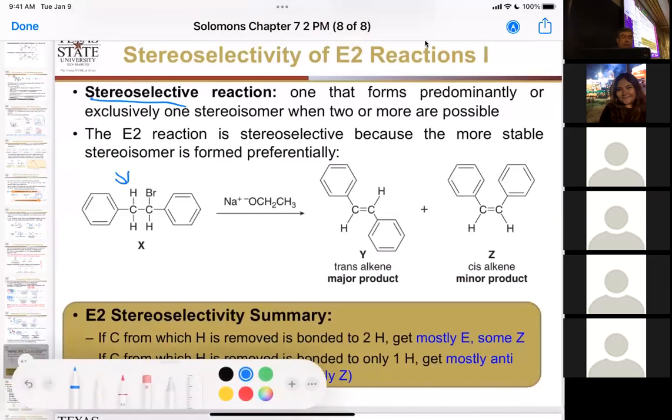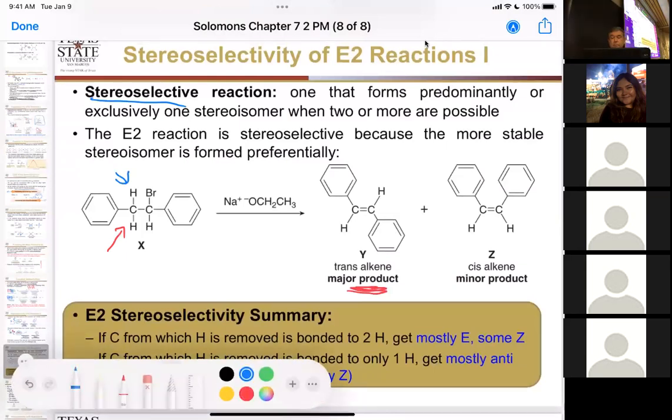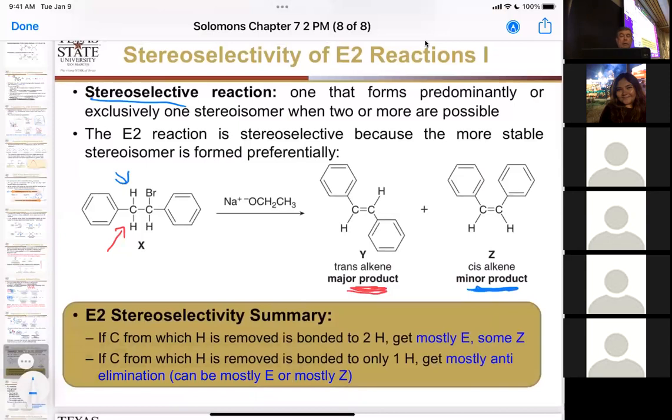And if we take the other hydrogen, we get a different product. Well, in here we know that the trans alkene is the more stable product. And it turns out it's also the major product when it's made. And we have the cis alkene right here as our minor product.